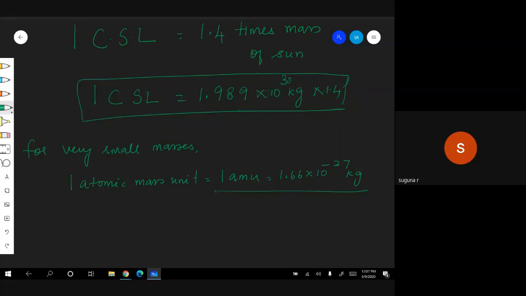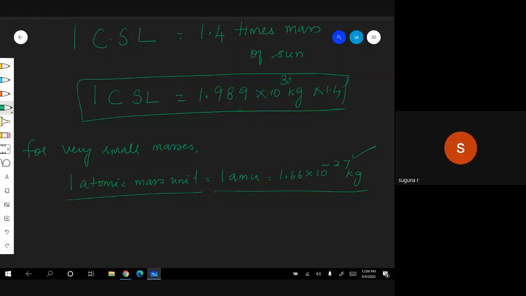For very small mass, AMU is fine. Proton mass is around 1.67 into 10 power minus 27 kilogram, so this is a handy unit for measuring very small masses.